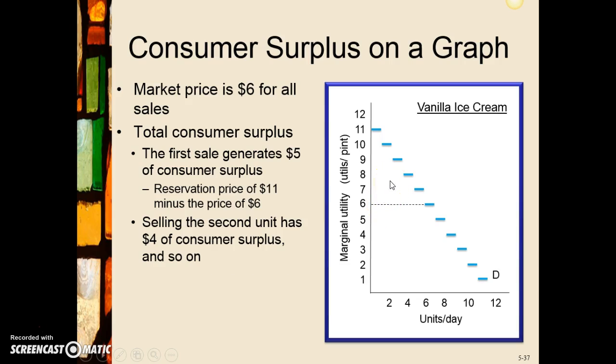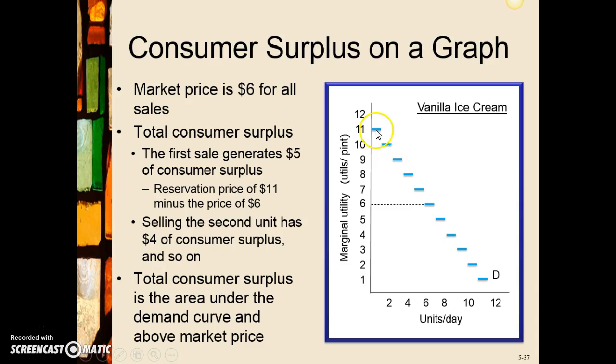And so if we add all of these up, we're going to get 5 plus 4 plus 3 plus 2 plus 1. And this last buyer here, he's not going to get any surplus, but he is going to buy the good. He just gets it exactly at the highest price he's willing to pay, what we call his reservation price.